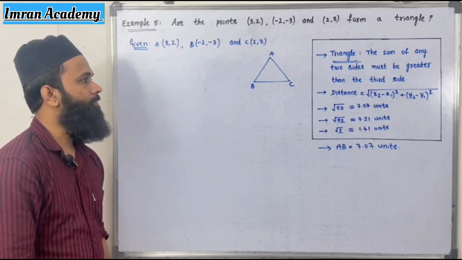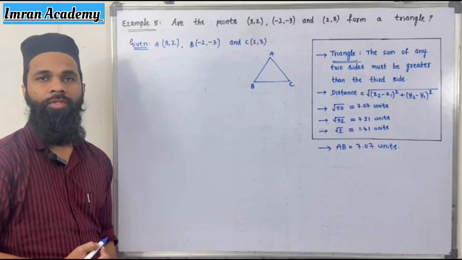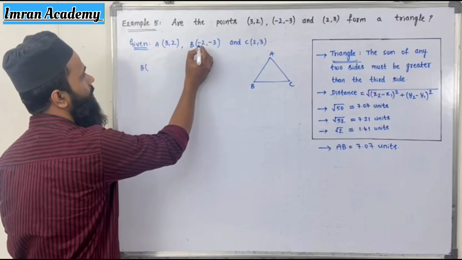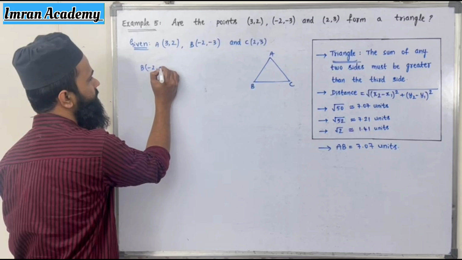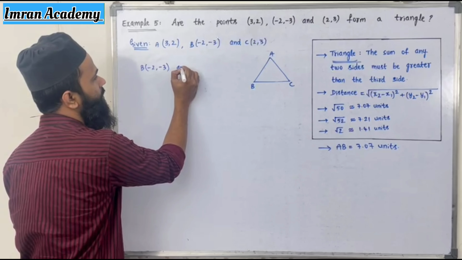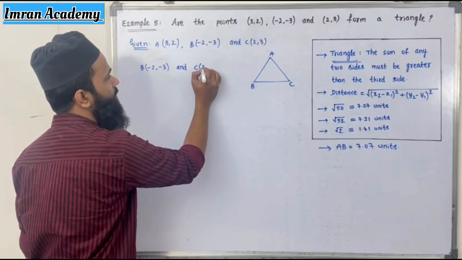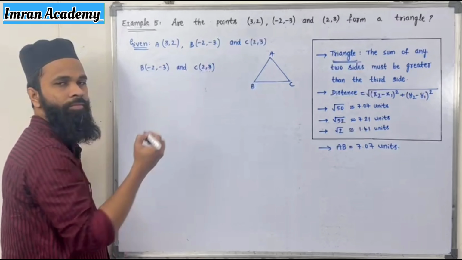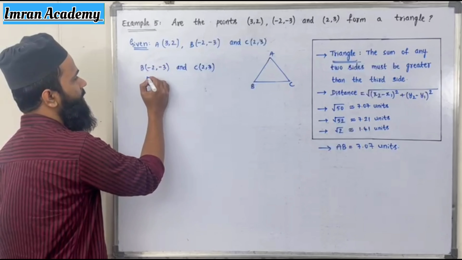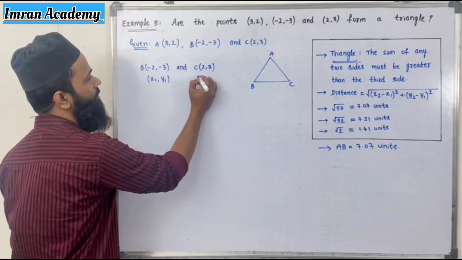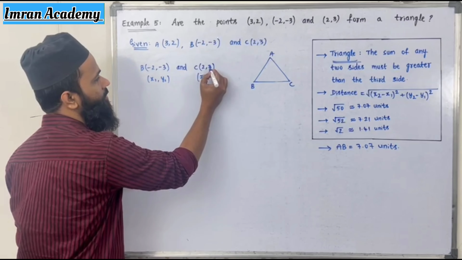Now we find BC. We know B is (-2, -3) and C is (2, 3). Let the points be x1, y1, x2, y2.